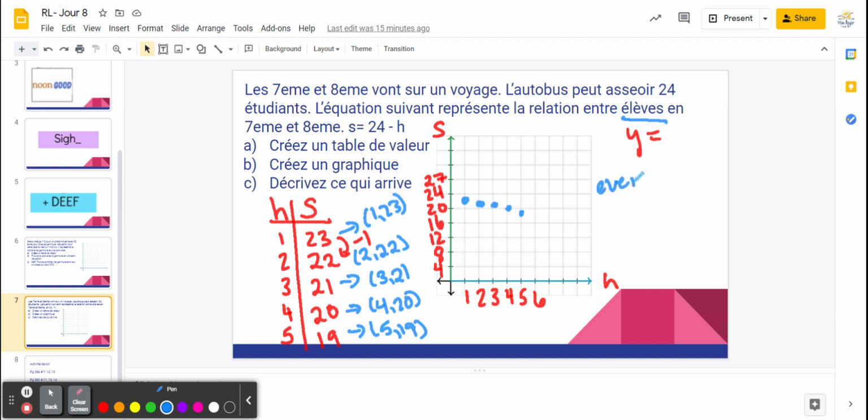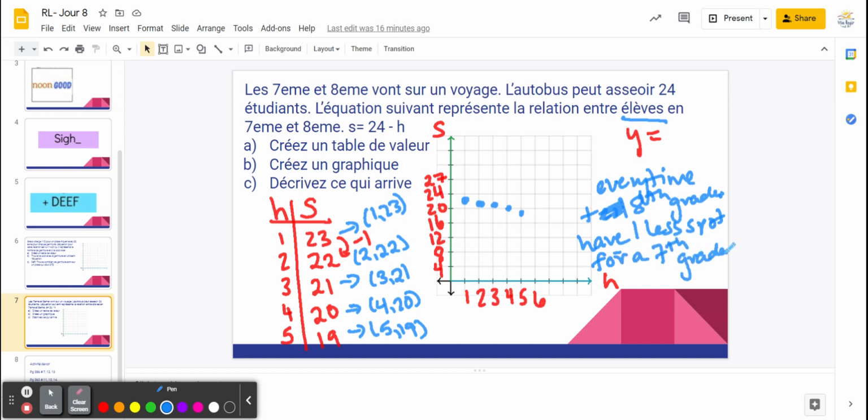So every time we add an 8th grader, we have 1 less spot for a 7th grader.